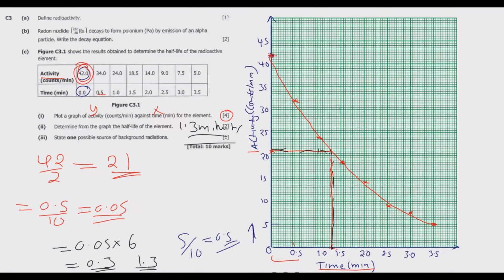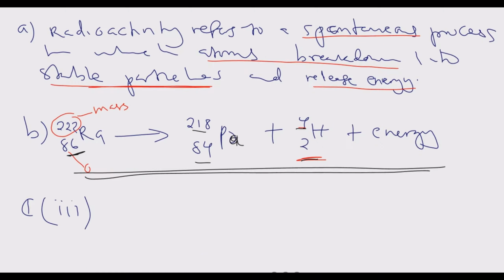Then Roman numeral 3: state one possible source of background radiation. So what are the possible sources of background radiation? Basically there are 2 sources. Number 1, radioactive substances such as potassium 14.